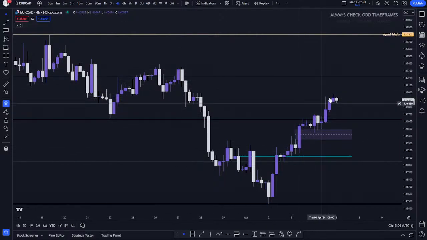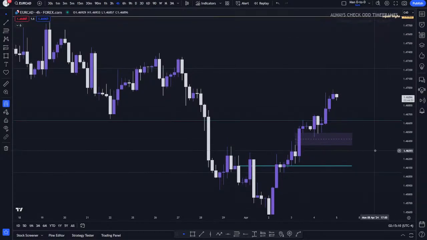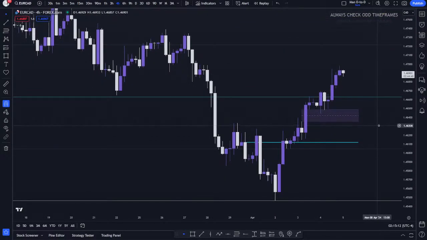I don't think we would reverse anywhere now from here, which was the second thing I wanted to show you. I wanted to let you guys know about the market maker buy model or sell model. If price fails to get to the 50% or gets close and rejects from the 50%, just know that there's a high chance the market maker buy model or sell model wouldn't even hold at all.